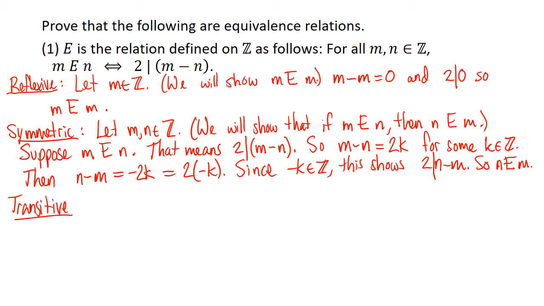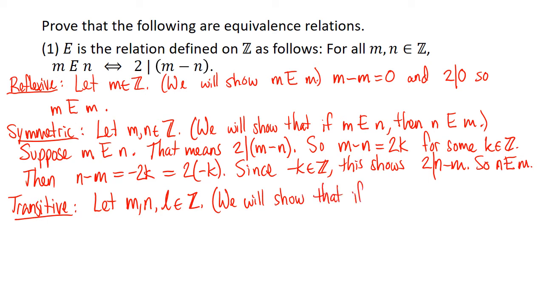And then finally we need to show the transitive property. So for this one I need 3 letters, so I'm going to let M, N, and, I don't know, L be in the integers. Okay, and now we will show the following. Again, you can leave this parentheses part out, but I'm just trying to give you the idea of what we're going to do here.